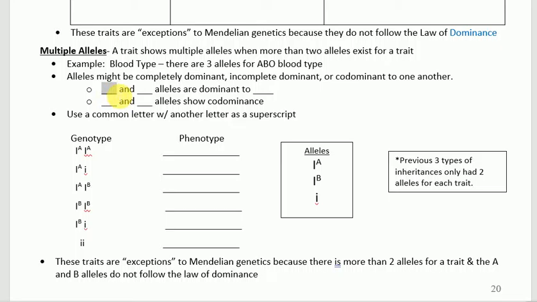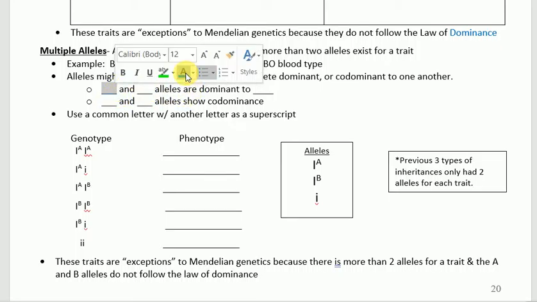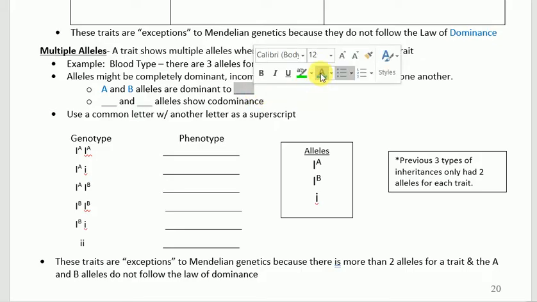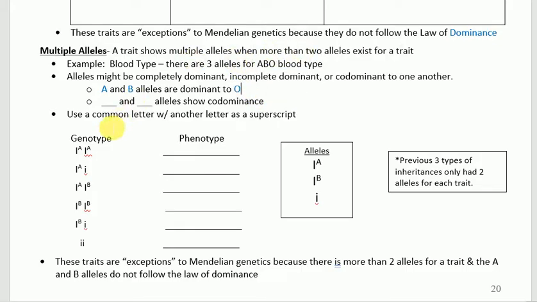So for instance, in the case of blood, A and B alleles are going to be dominant to O. Also, it's important to note that A and B alleles are going to show codominance.